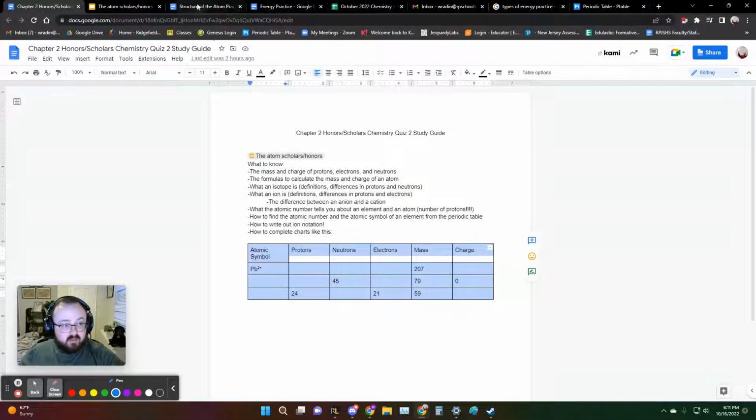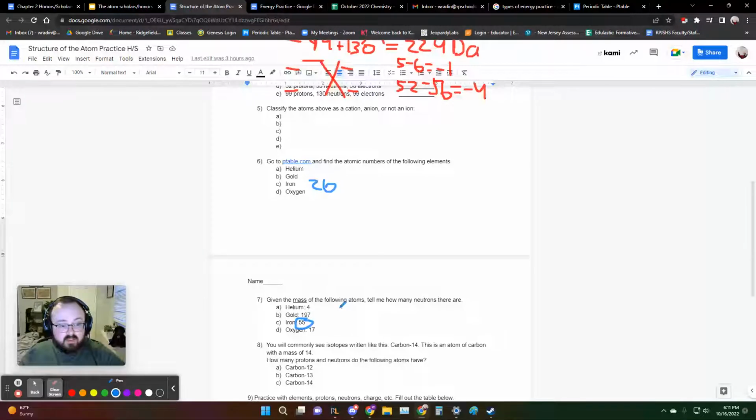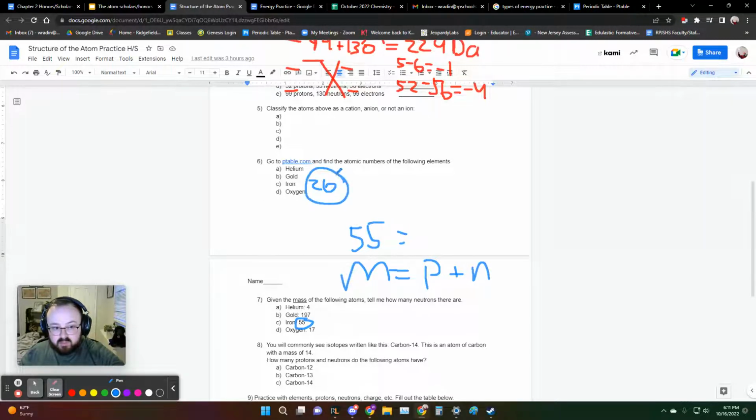This is an atom that has a mass of 55, a specific isotope. There are other isotopes of iron that have a mass of 55 or 56 or 57, but this one has 55. So if we take our formula, mass is equal to our protons plus our neutrons. I say that the mass is 55. I said the atomic number is 26. Atomic number is the amount of protons.